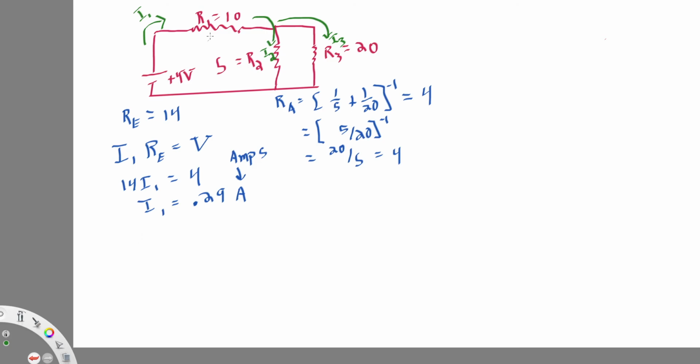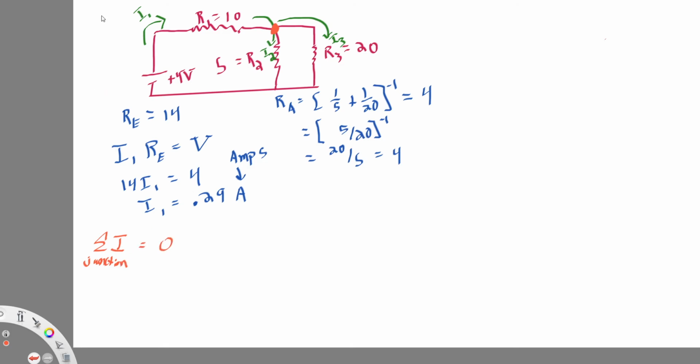If we analyze this junction here where the three currents meet, the sum of all currents going into or out of a junction has to be 0.